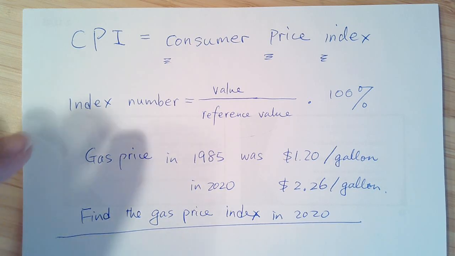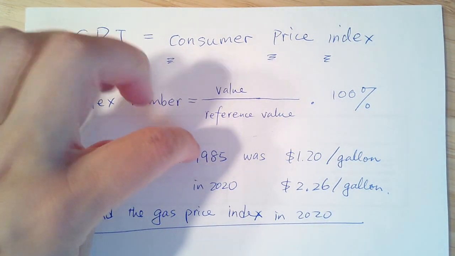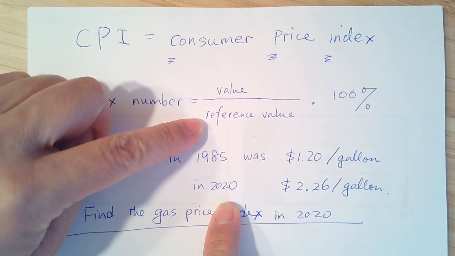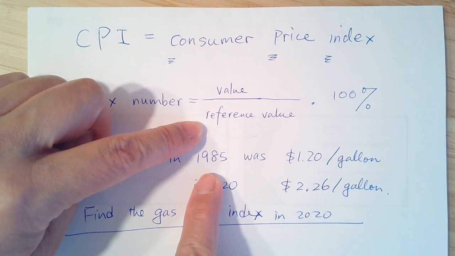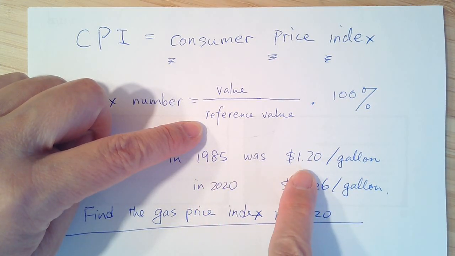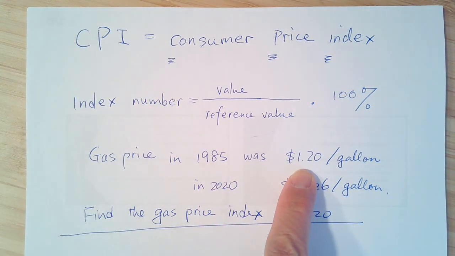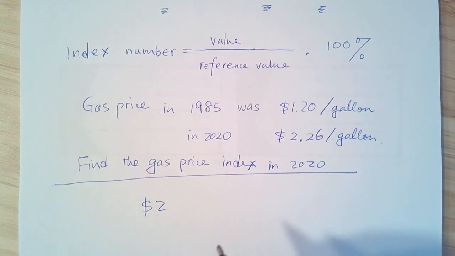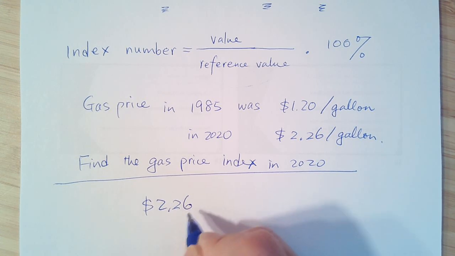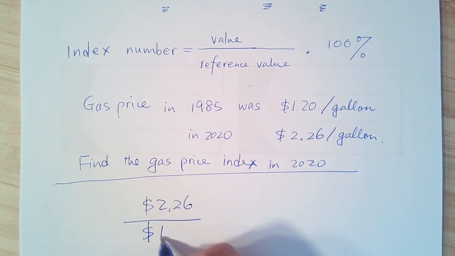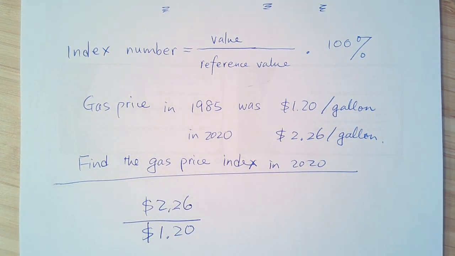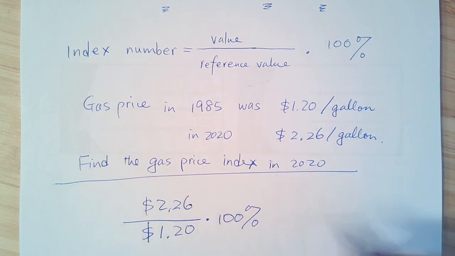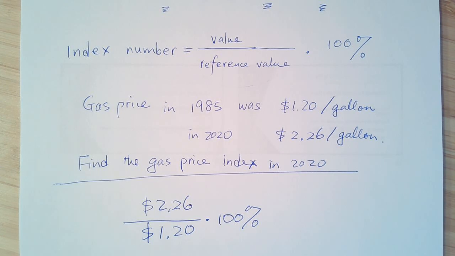Based on the formula, the index number will be the value in 2020 divided by the reference value, because we're going to refer to 1985, so that's $1.20. So we use $2.26 over $1.20. Don't forget to multiply by 100%, because we use percent to show that.